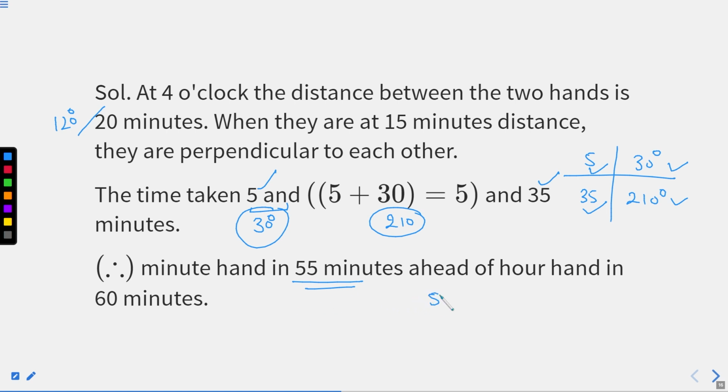So in 1 minute, how much distance will be covered? 55 by 60. And the 5 minute distance will be covered in this time. I hope you have already understood. Similarly, 35 minutes, or 210 degrees, will be covered in this much time. I hope both the answers are understood by you.